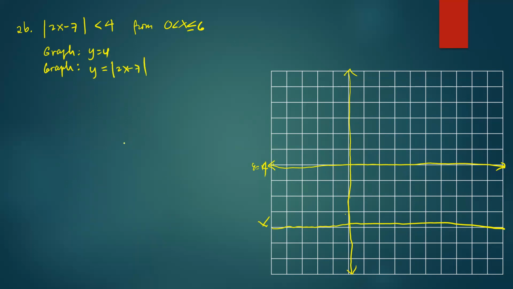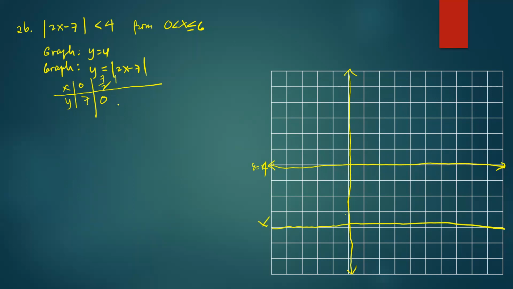Okay. And again, to do this, we need to have the table of values. So if x is 0, y is 7. Then let's set y to 0. Then x is going to be 7 by 2.